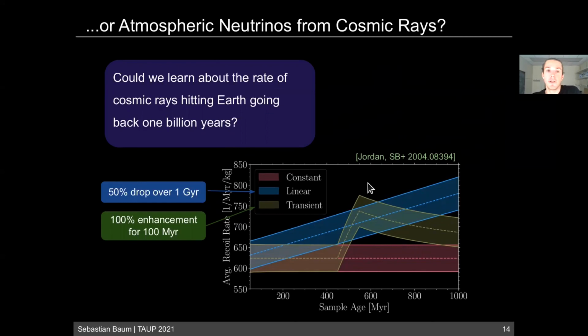One cool application of this is you could ask, what is the cosmic ray rate on Earth? And the way you would measure this is you would look for the recoils induced by atmospheric neutrinos, which are caused by cosmic rays interacting with Earth's atmosphere, hitting your Paleo-Detector and causing some nuclear recoils within.